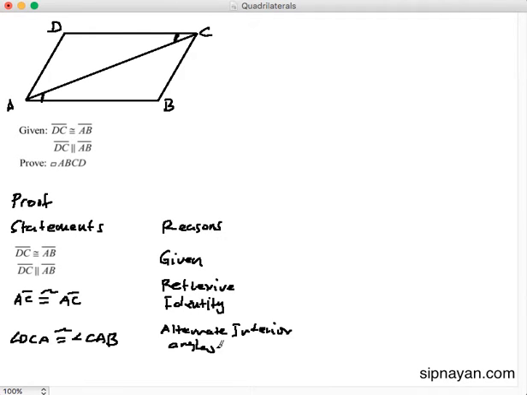Ang alternate interior angles formed by a transversal cutting two parallel lines are congruent. No? Okay, so kinumpleto ko na. Pag meron kang parallel lines cut by a transversal, then their alternate interior angles are congruent.